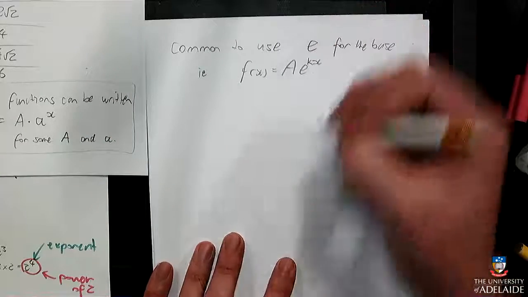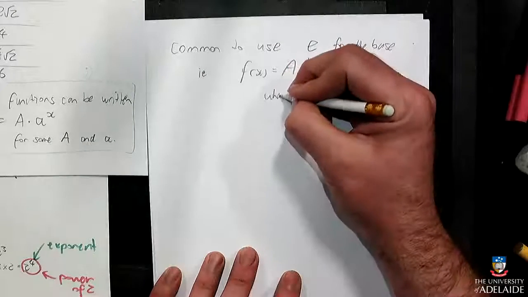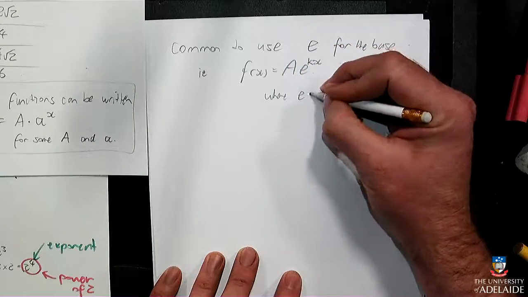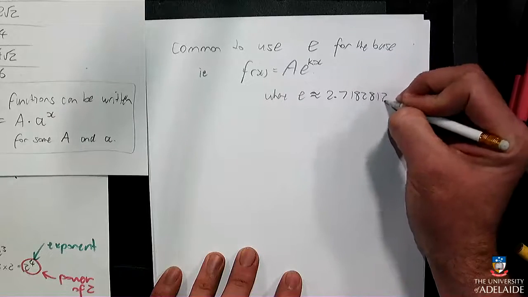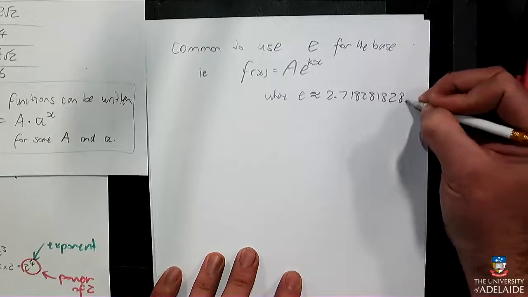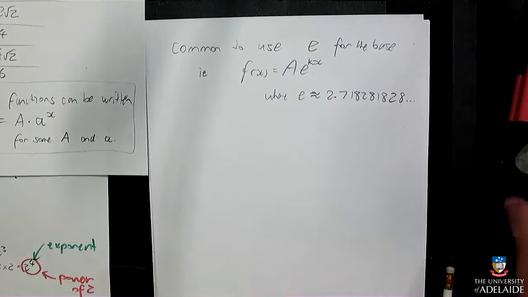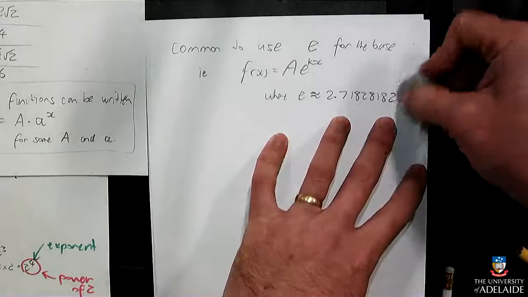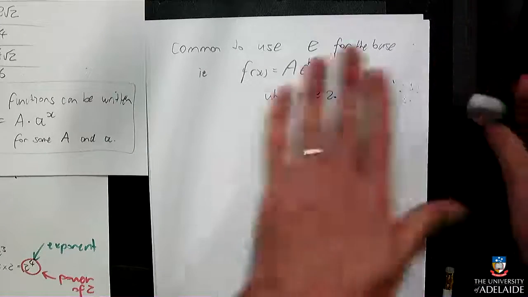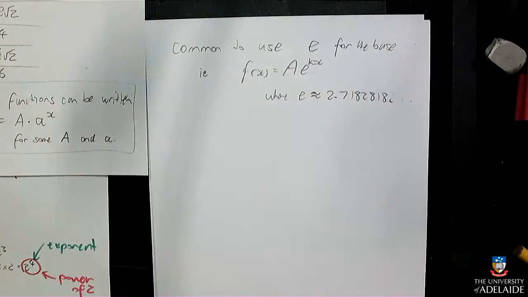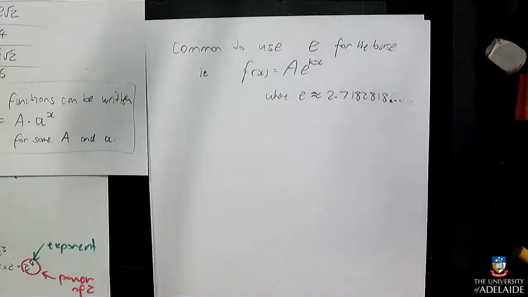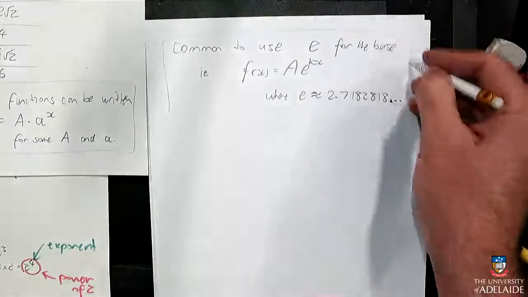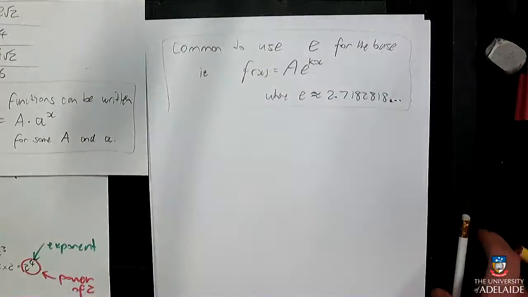We could have a k there, where e is approximately 2.718281828. And it will become clear later on why that number is useful. Okay, that's what it is.